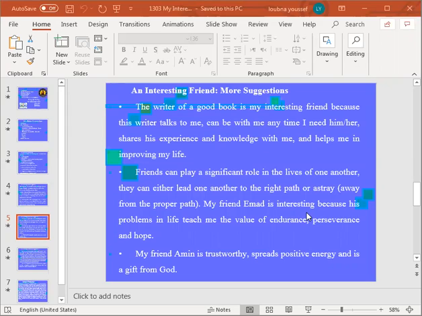And in the end, he is a gift from God. This is another important point. The writer will provide evidence how his friend is a gift from God.